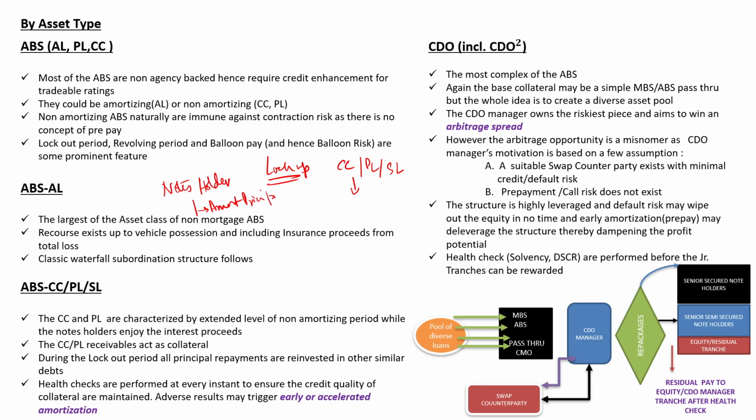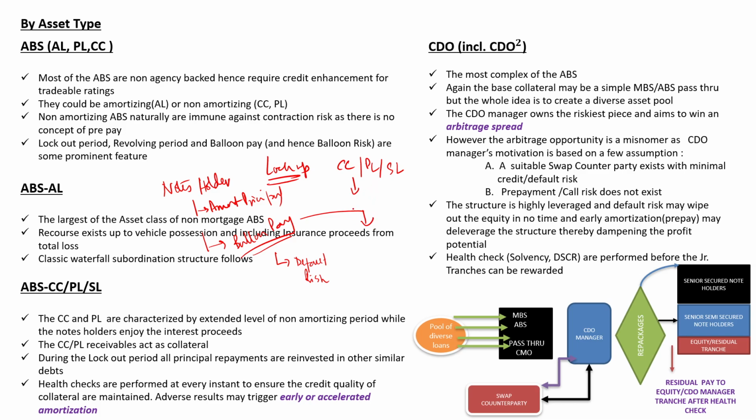Also, they should be ready to receive the balloon pay of their principal. Now, because this balloon pay could be received at one go, there's a considerable counterparty default risk that does exist. At the same time, should they receive a lump sum of their principal, the question still remains whether the investor will have the opportunity to reinvest the proceeds in similar kinds of securities.